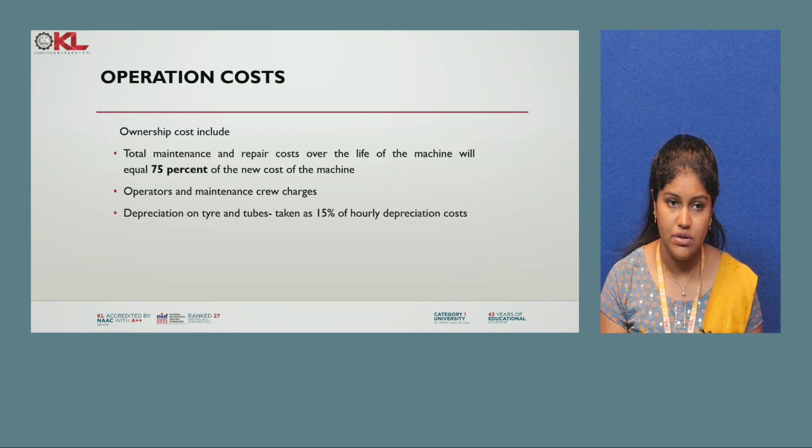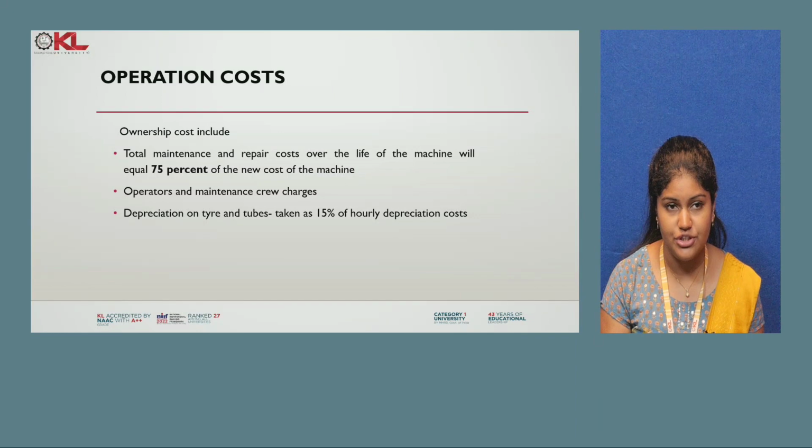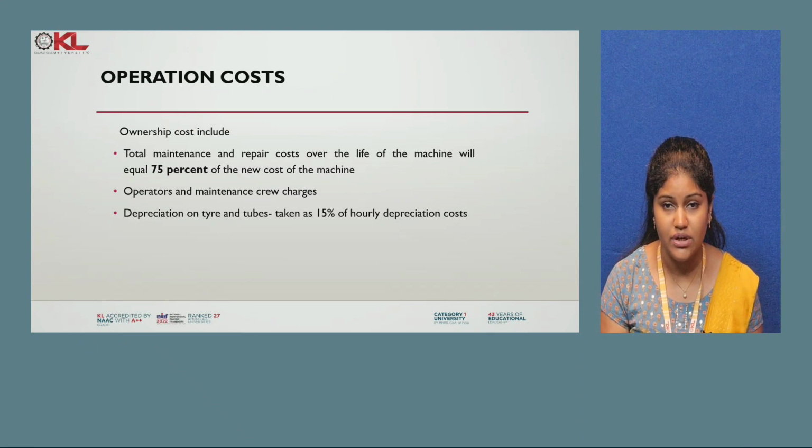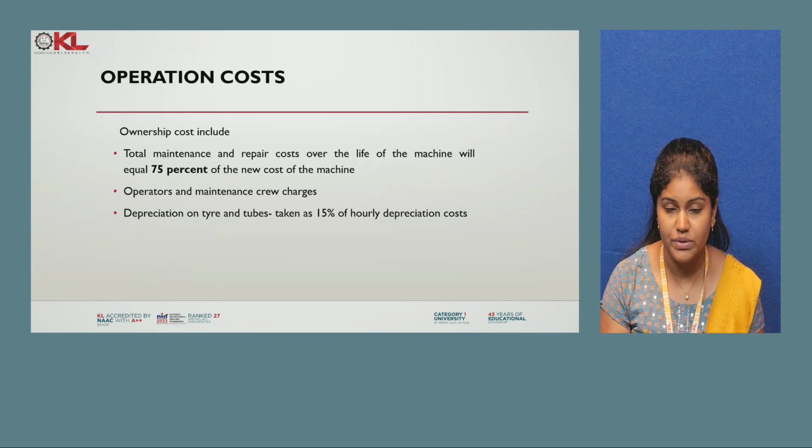Next is the operation cost, that is ownership cost. It includes total maintenance and repair cost over the life of the machine, which will equal 75% of the new cost of the machine. So operation cost means it is an ownership cost. Total maintenance and repair over the complete life of the machine will be equal to 75% of what we paid for purchasing a new machine.